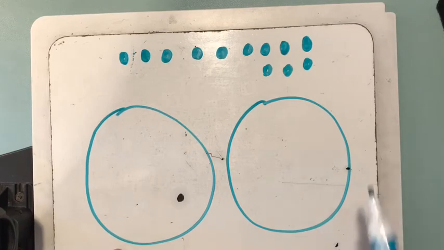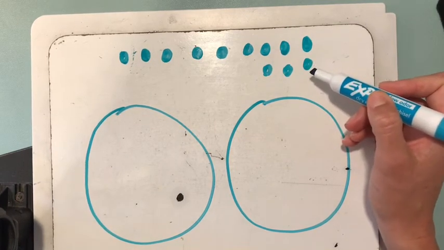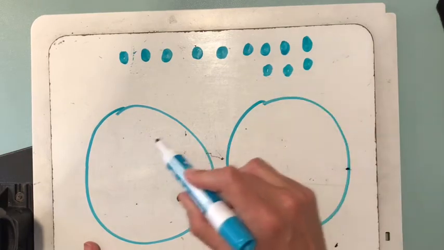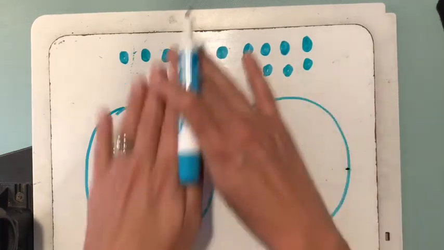So how I'm going to do this is I'm going to go, okay, I think my strategy should be that I will put one of these dots in each group until I have no more.